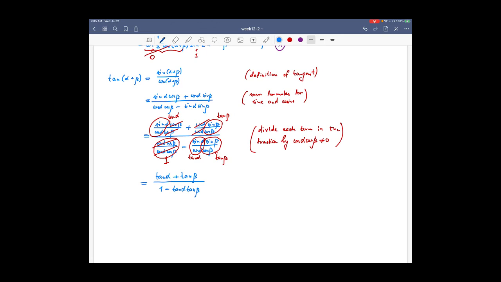Now, what would happen if we had a minus sign here? We would have sine of a difference and cosine of a difference. And here we would have not sums but difference formulas.